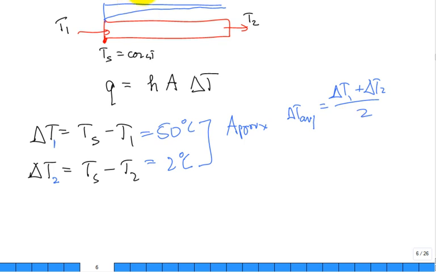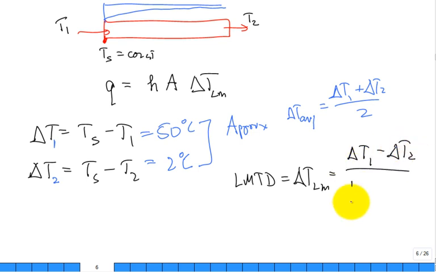What is that one? LMTD. So the log mean temperature difference, or sometimes delta TLM, I shouldn't have put TD there, is equal to delta T1 minus delta T2 divided by the natural log of delta T1 divided by delta T2.